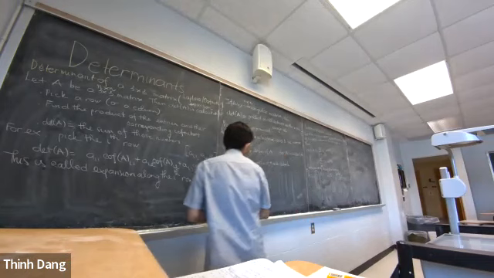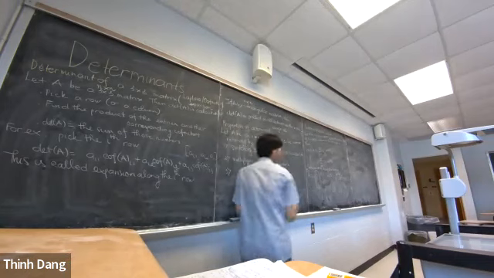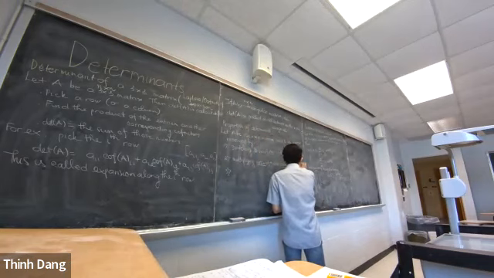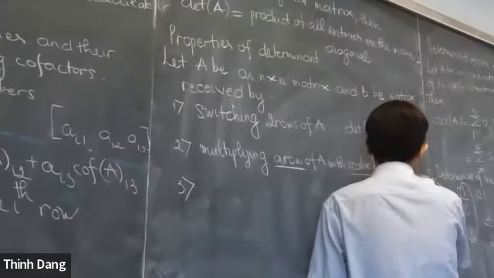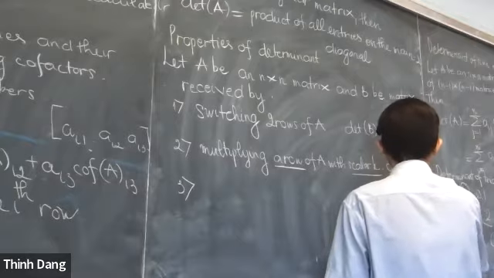Let me highlight this. You are only multiplying a row with the scalar K. So in this case, the determinant of B is equal to K times the determinant of the original matrix.